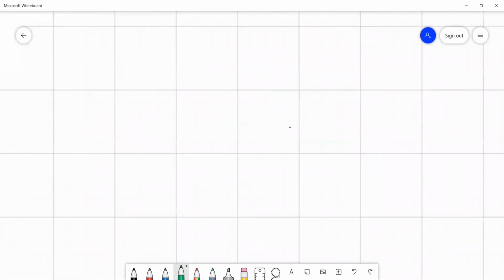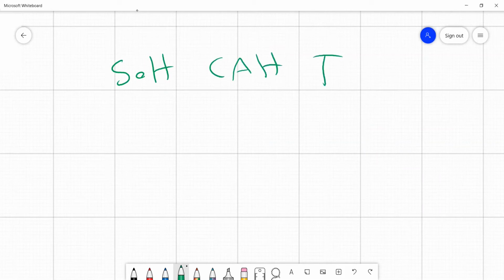Then the last one is the SOH CAH TOA, and then we're good to go. So let's just quickly go over SOH CAH TOA. Let's just see what it stands for. If you have never heard about it, it sounds like a bit of nonsense.